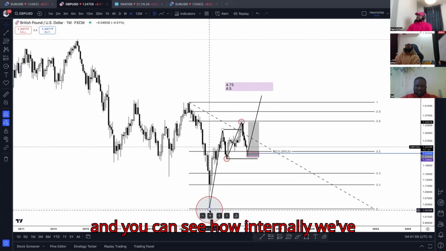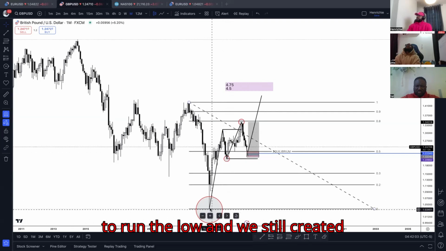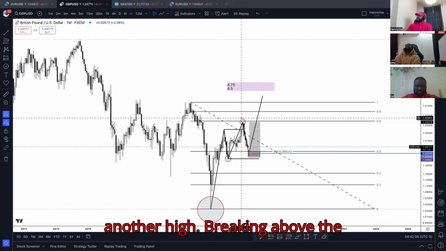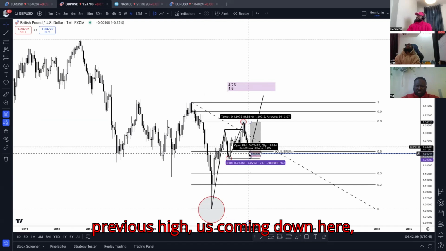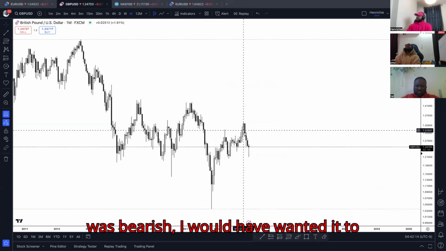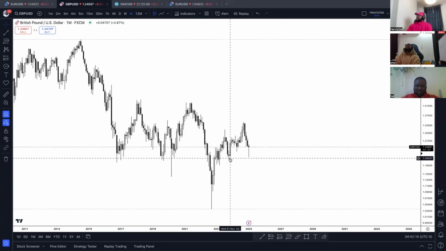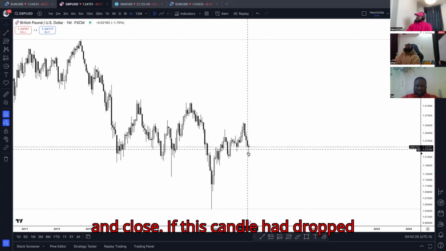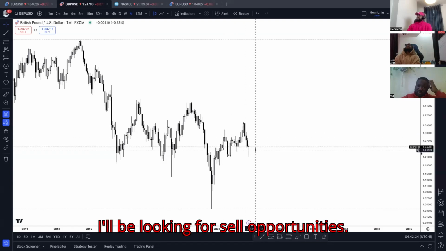And you can see how internally we've created a high, created a low, failing to run the low, and we still created another high, breaking above the previous high. Us coming down here, if this market was bearish, I would have wanted it to drop lower to break this low and close. If this candle had dropped lower to break this low and close, then I'd be looking for sell opportunities.